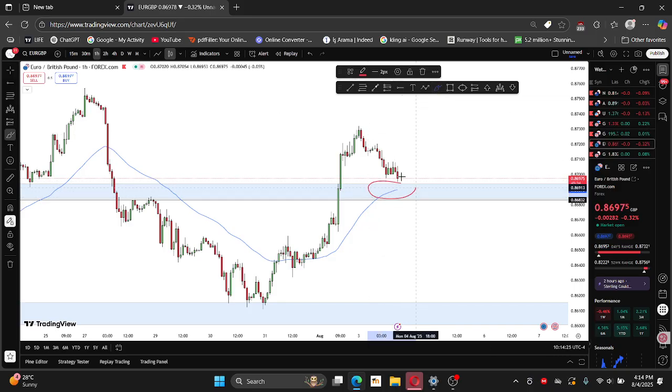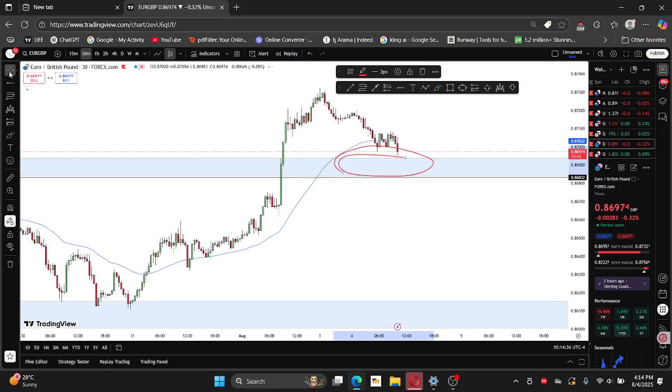Then I can wait for the 1 hour shift or 30-minute shift for me to then buy this thing. Right now I don't even have a selling point yet because it doesn't yet touch my OG level for me to even start working out where I'll secure my buys from.